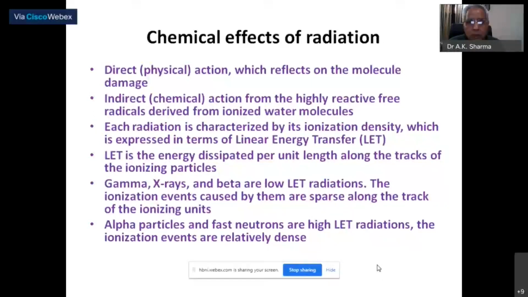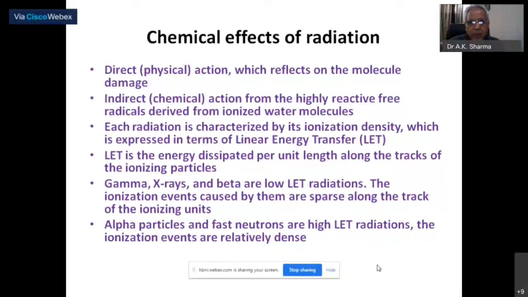Water being the most abundant molecule in the cell, there is a lot of indirect effect caused by the ionization of water. So both direct and indirect effects collectively inflict damage on the living cell.